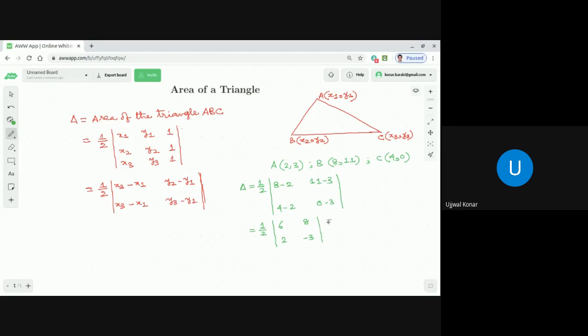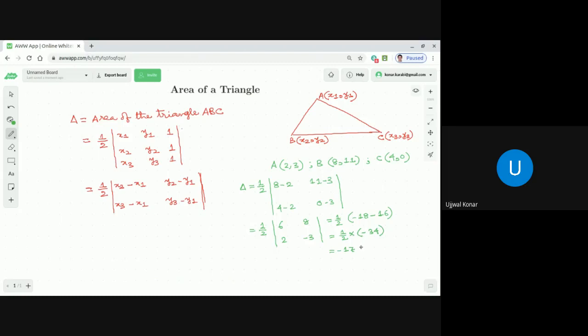So this is equal to 1 by 2 into minus 18 minus 16. So that is equal to 1 by 2 into minus 34, which is minus 17 square units.